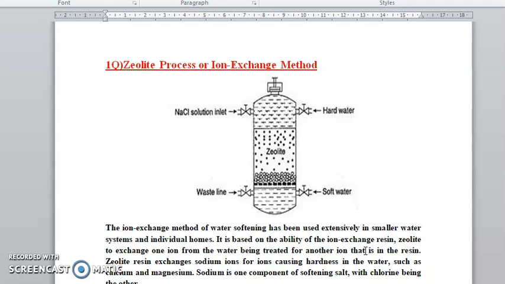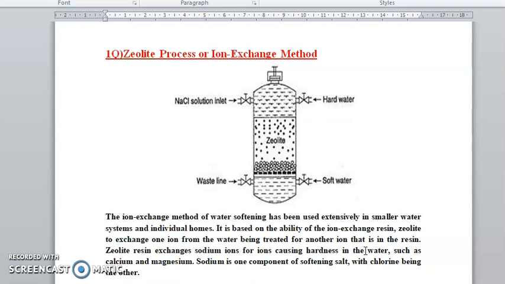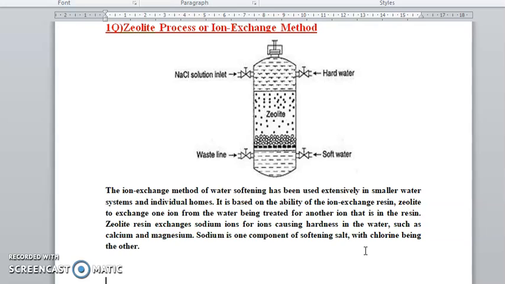It is based on the ability of ion exchange resins, zeolite, to exchange one ion from the water being treated for another ion in the resin. Zeolite resins exchange the sodium ion for ions causing hardness in the water, such as calcium and magnesium. Sodium is one component of softening salt, with chlorine being the other. This is the zeolite process.